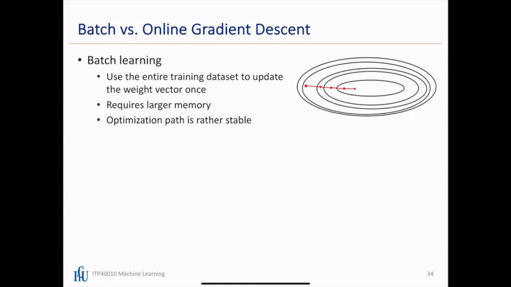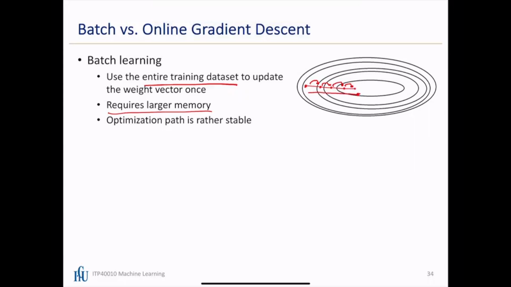So batch learning can be understood from here to here. This is one update. From here to the next point, another update, another update, and so on. For each of these updates, you're going to use the entire training data set. And obviously, you need to hold all the data points at once, so it requires a larger memory. But like you see, you can consistently head in one direction.